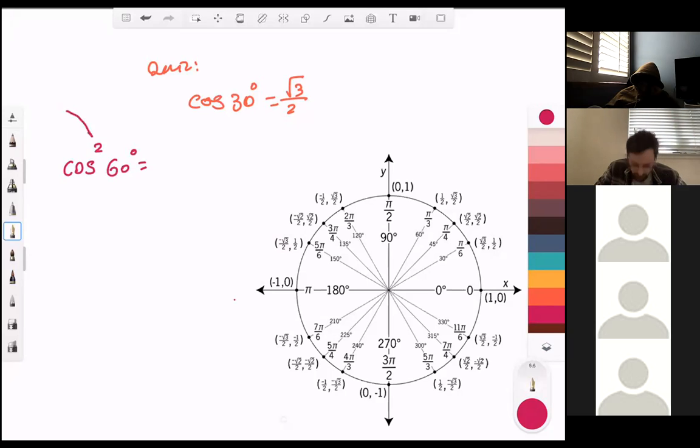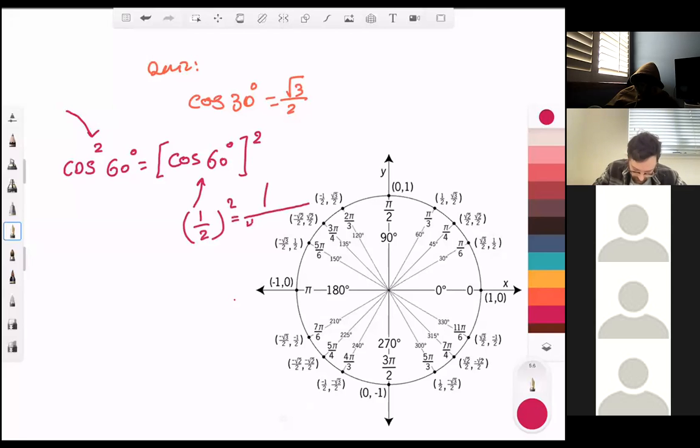This is the same as what Karen asked earlier, the bracket and the 2 here. But we simplify, put 1/4. So cosine of 60 is 1/2. Then 1/2 squared is 1/4.